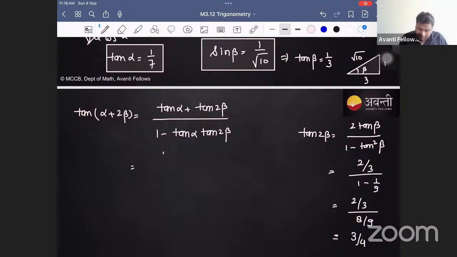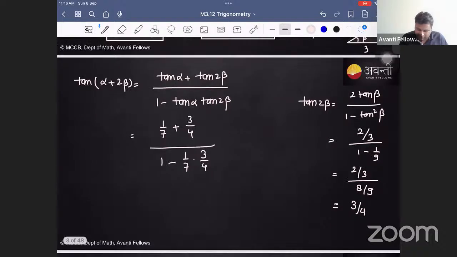Replace these values. So 1 by 7 plus 3 by 4 upon 1 minus 1 by 7 into 3 by 4. So it will be 21 and 4, 25 upon 28, divided by 25 upon 28.